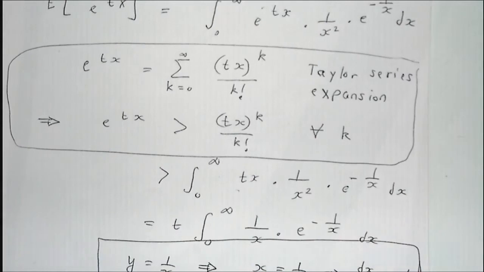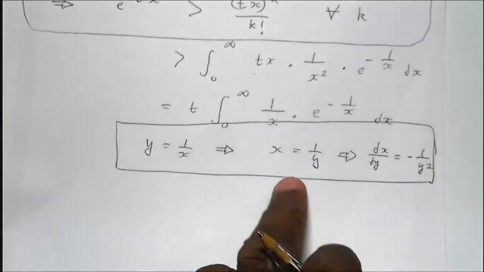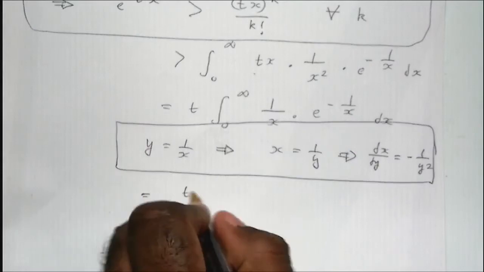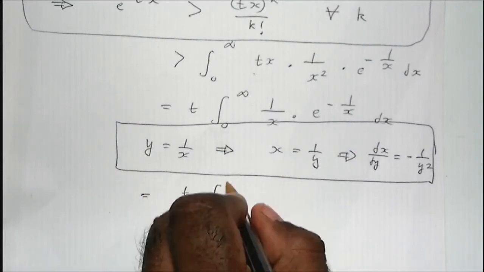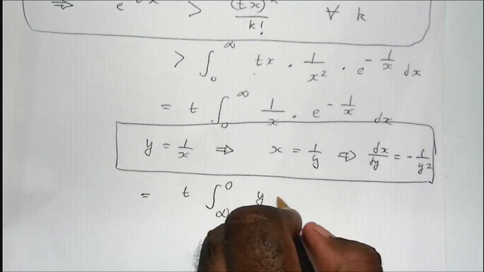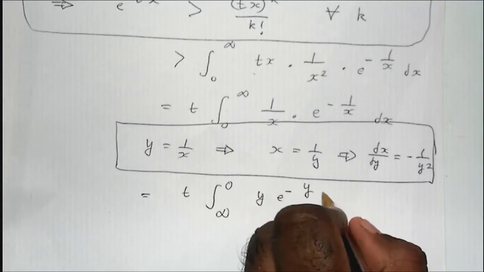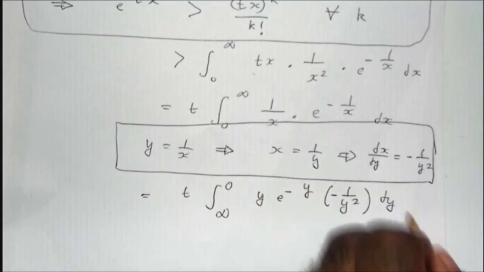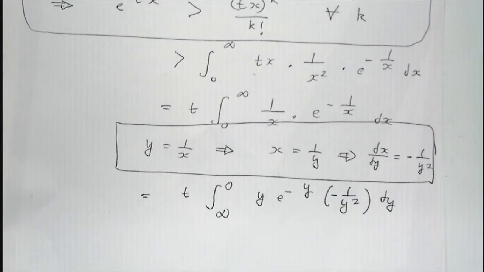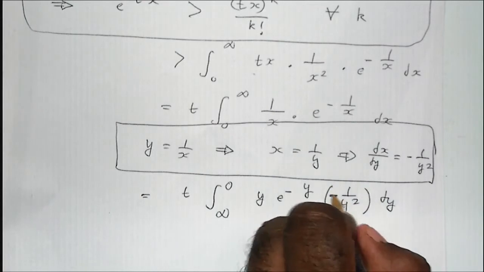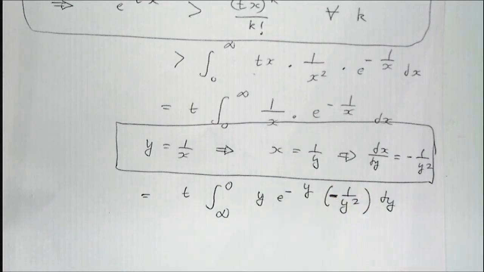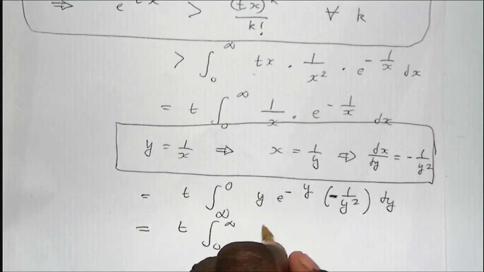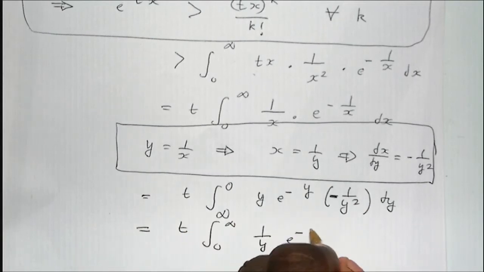So under this substitution, you get t from infinity to 0 of y e to the minus y minus 1 over y squared dy. And the minus sign here, I'm going to use that to switch the limits. So this will be t 0 to infinity, 1 over y, e to the minus y, dy.